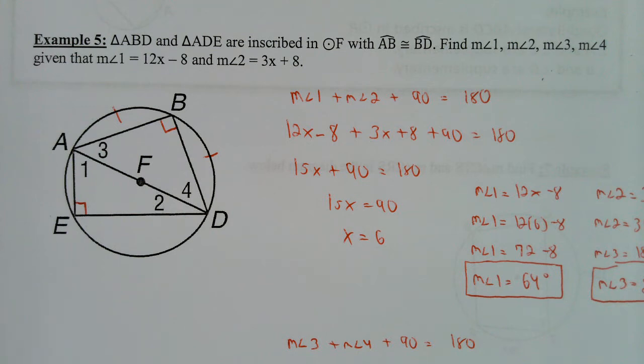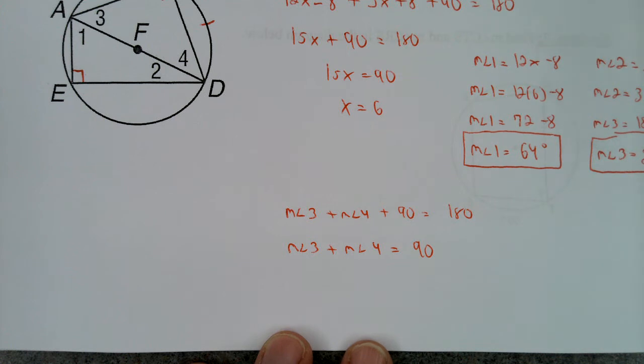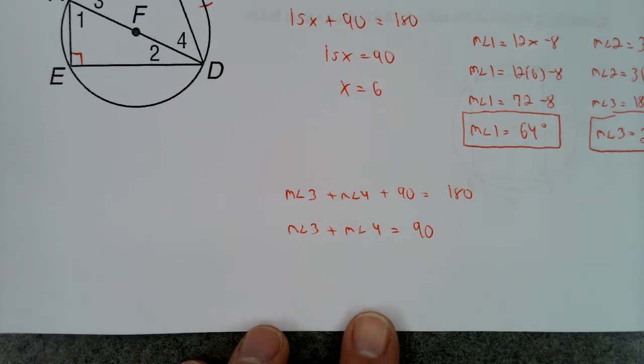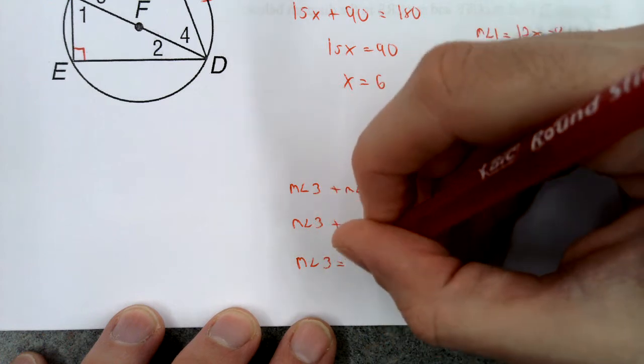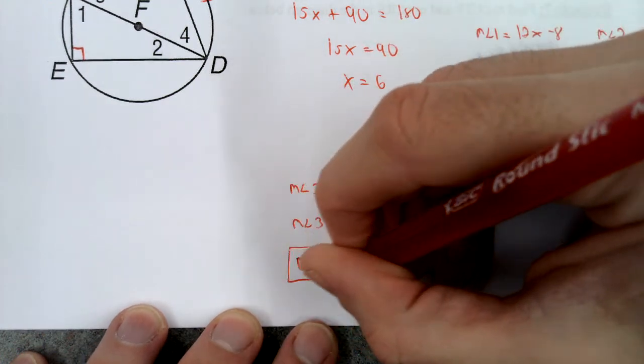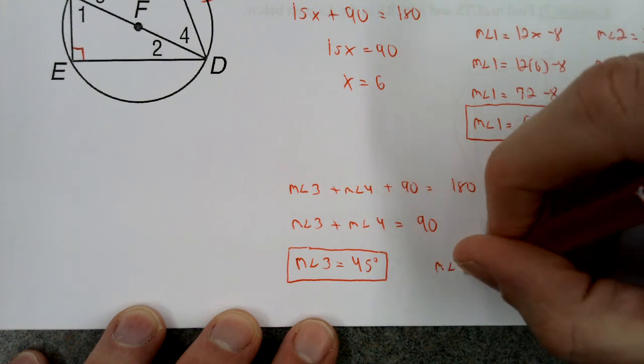Since they're inscribed in congruent arcs, they have to be congruent. So they have to each be 90 divided by 2, which is 45. So the measure of angle 3 equals 45, and the measure of angle 4 equals 45.